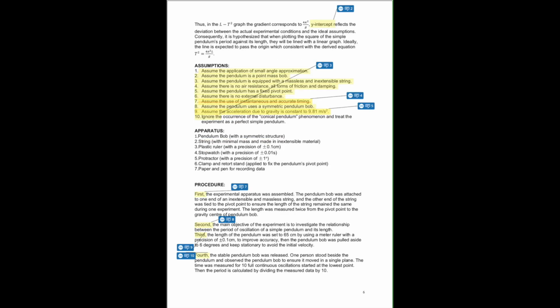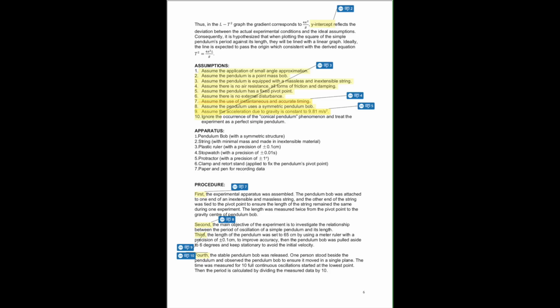Page 3. Assumptions, apparatus, procedure. Apparatus. The list is complete and precise, including all necessary details. Assumptions. While all relevant points are listed, they are presented as a long, numbered list. A professional report should condense these into descriptive paragraphs, avoiding repetitive phrasing such as "assume that."